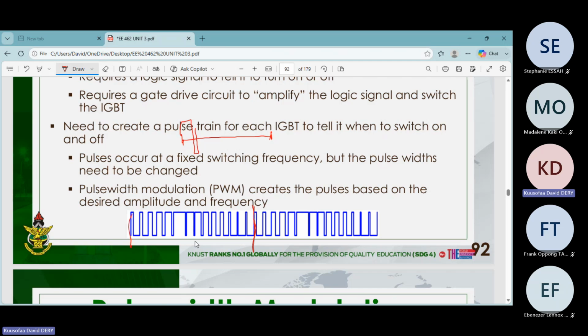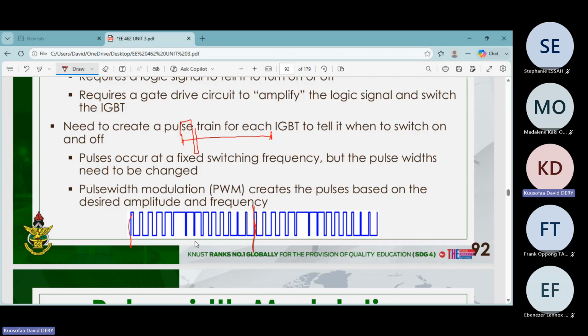So you're just modulating the pulses to control the switching on and off of the IGBTs. And then you can filter this to take out the harmonics and leave the fundamental components. So when you do this switching, it comes with the fundamental components, and also it has harmonics inside.